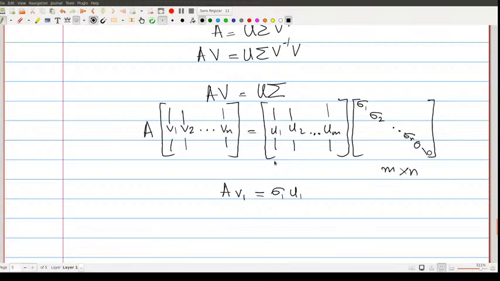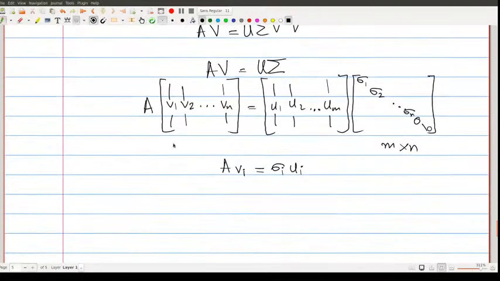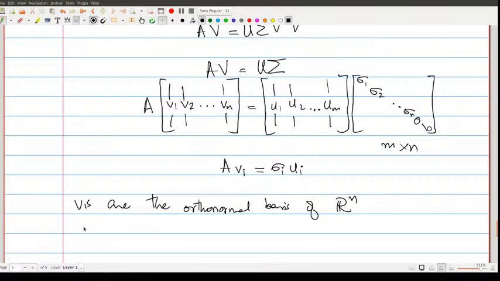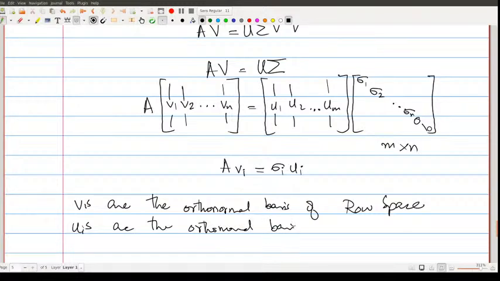What it really is telling me is that A Vi equals sigma i Ui, where the Vi are the orthonormal bases of Rn, or let me just say the row space, and the Ui are the orthonormal bases of the column space.